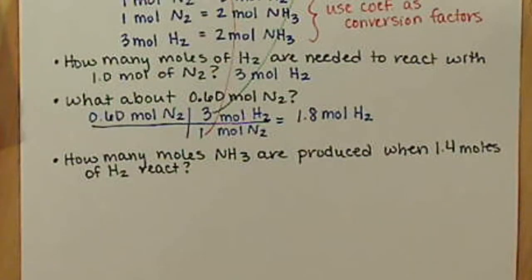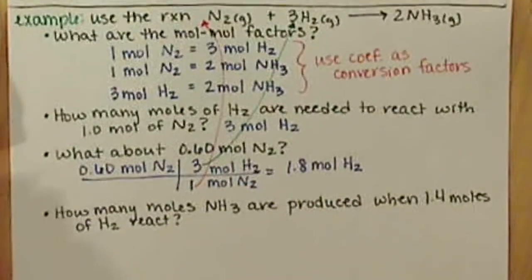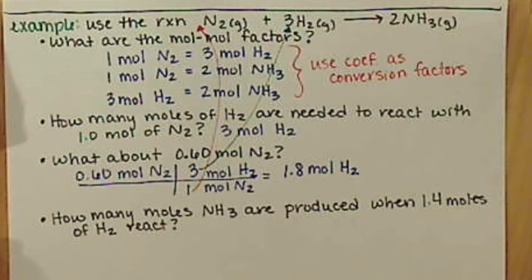Feel free to take a stab at this. I'll leave the equation up there. So pause the video, take a stab at it, and I'll have your explanation when you return.